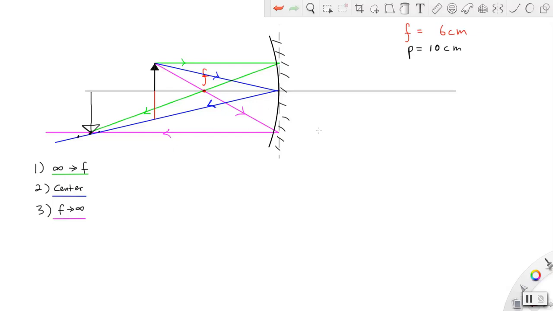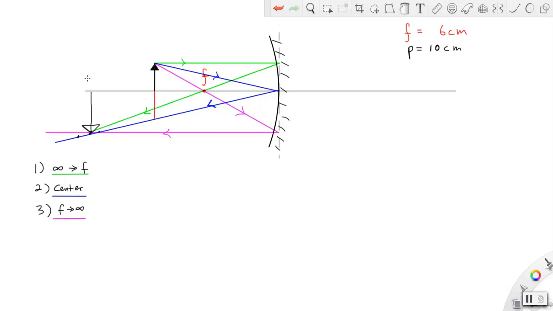We can also go through the process by looking at an object that is inside the focal point. And we would get a different result, right? Before we try that, let's ask ourselves, is this a real image or a virtual image? Is it inverted, or is it right side up?